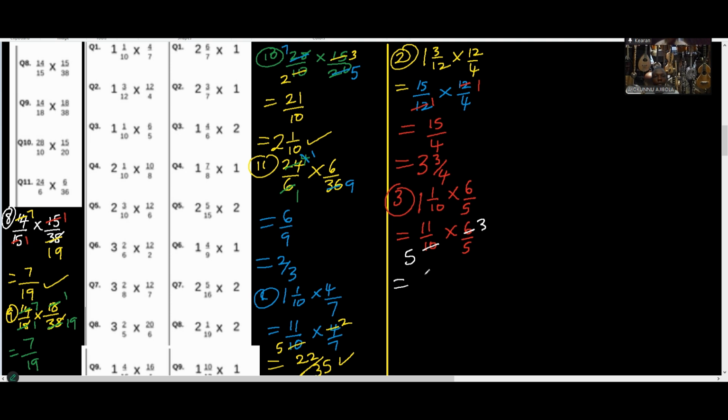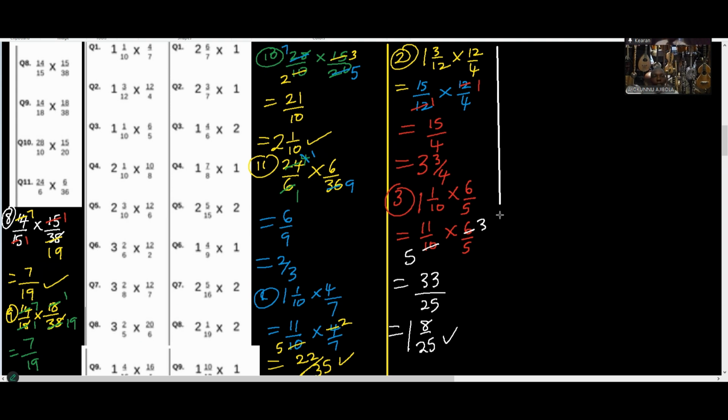So we have 11 times 3, that's 33. 5 times 5, that's 25. So 25 in 33 is 1 whole. If you remove 25 from 33, what do you have? That's 33 minus 25, that's 8. So this would be 8 over 25.